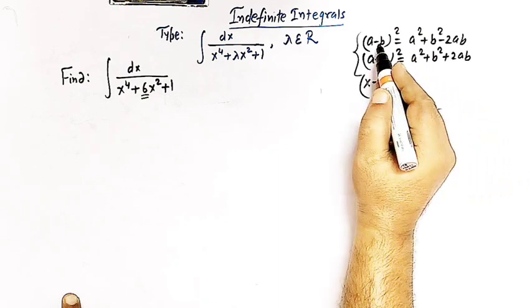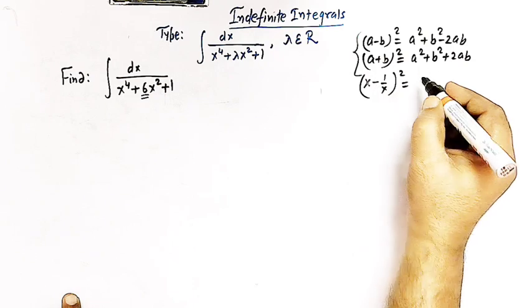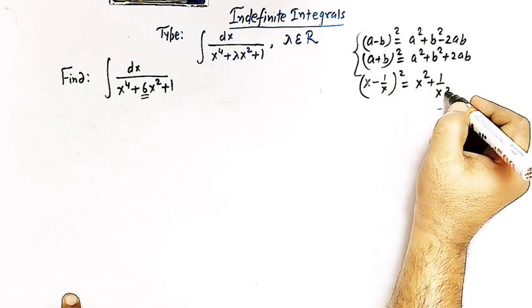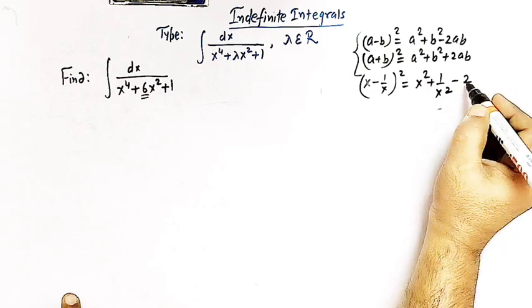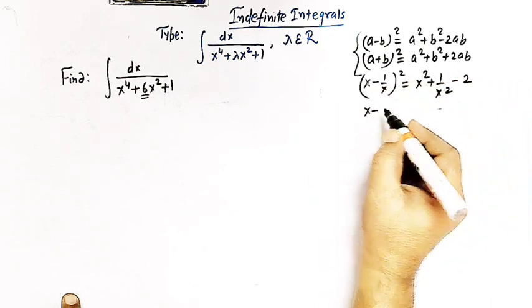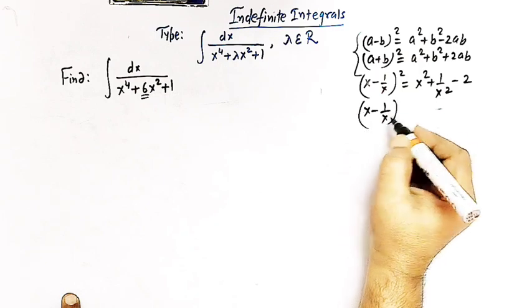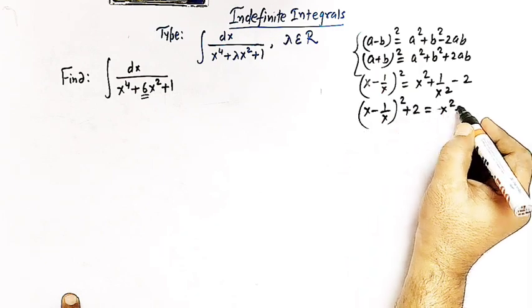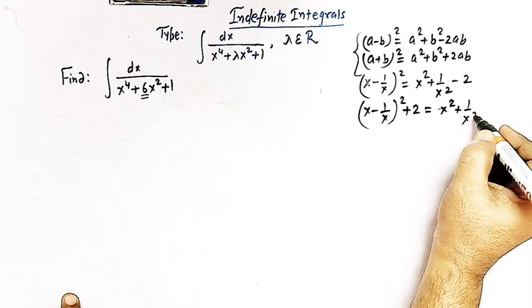Applying this identity, we get x square plus 1 over x square minus 2. Taking the negative 2 to the other side, we have x minus 1 over x whole square plus 2, which is equal to x square plus 1 over x square.